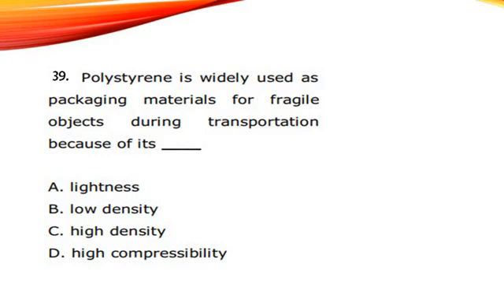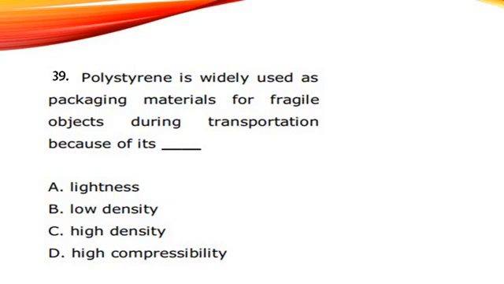And fragile objects are usually protected against damage due to falling down or being squished. So the compressibility of polystyrene makes it a wise choice when packaging fragile objects, because even when it falls, it gives it a protective shield. So your answer is D.